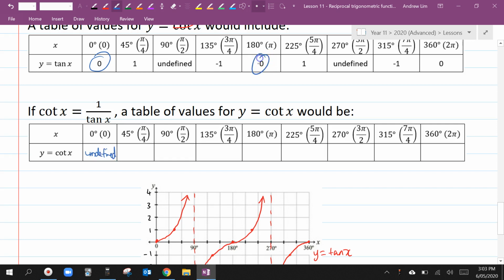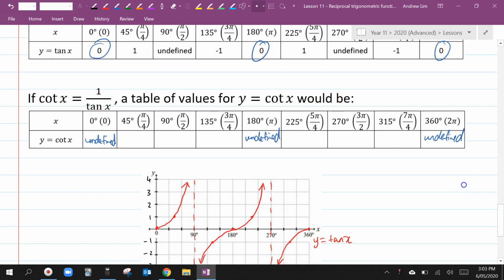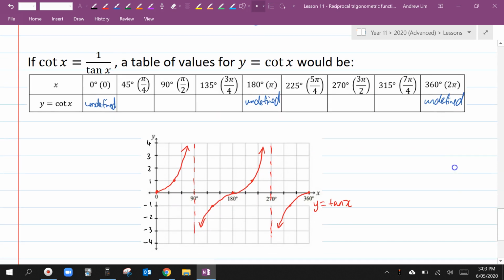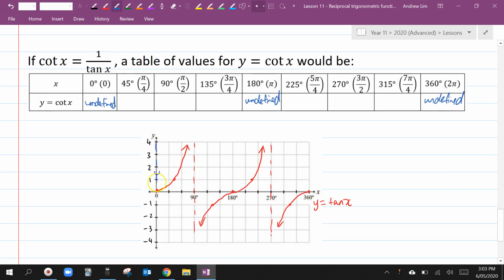So where else is it undefined? So we will have asymptotes there at 0, 180, and 360, or at 0, pi, and 2 pi. So I'll do that in blue.